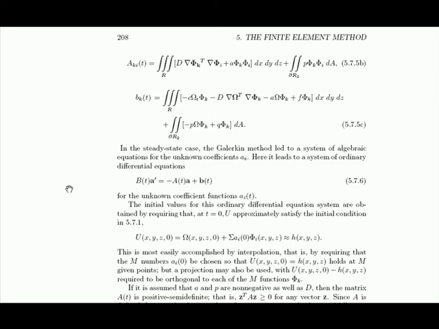And the difference, of course, is with the Galerkin method, you multiply by phi k and integrate by parts. In the collocation method, you simply evaluate both sides of the partial differential equation at your collocation points. In either case, Galerkin or collocation, you end up with an ODE system that looks like this, and in either case it's stiff and you need to use backwards difference methods, backward Euler at least.